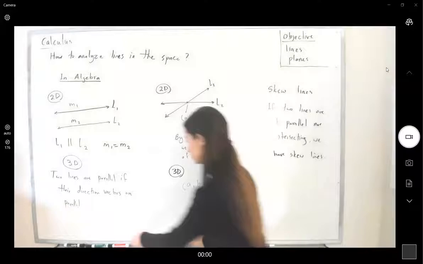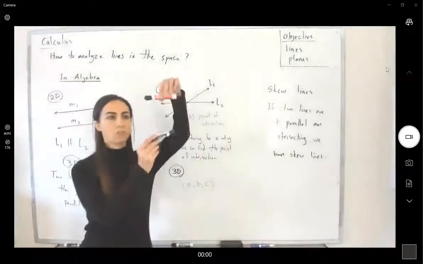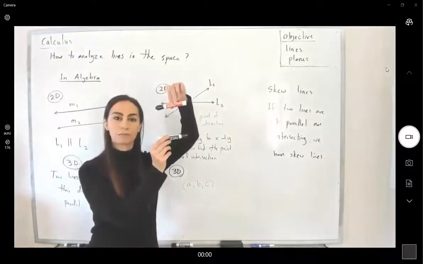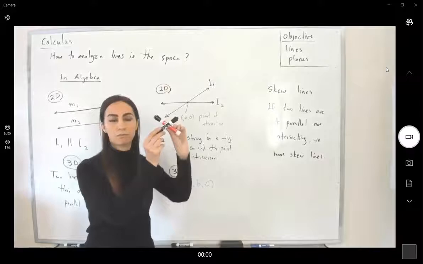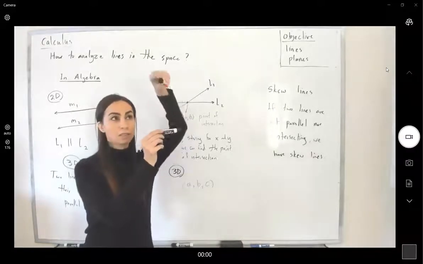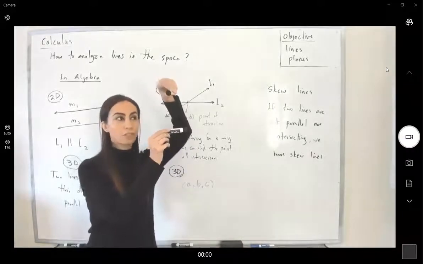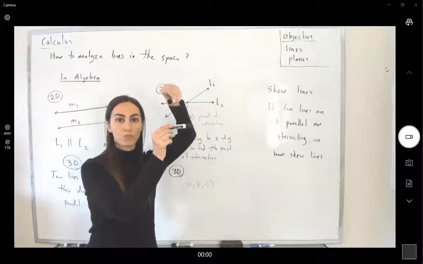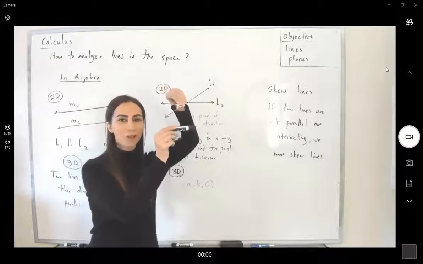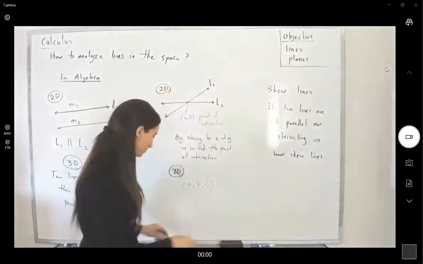Parallel lines, intersecting lines, and skew lines, which are not parallel to each other and not intersecting.